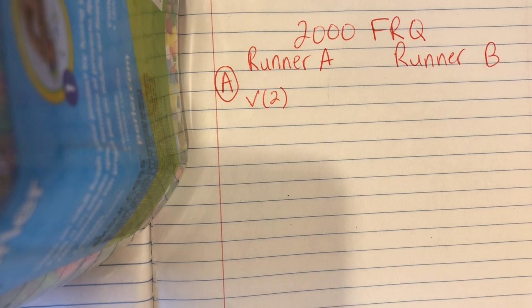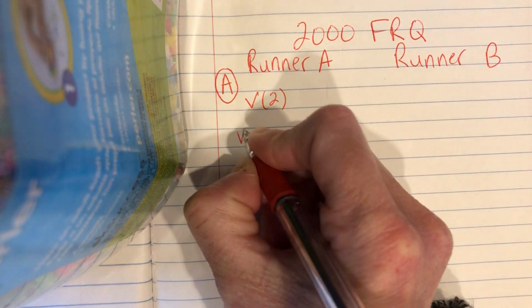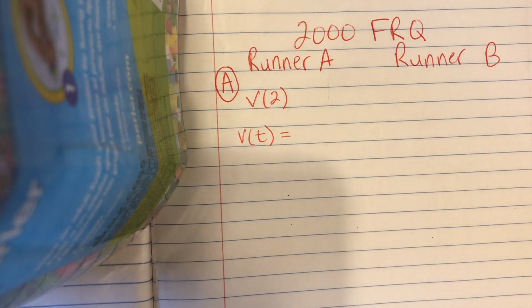So if I want to know what the velocity for runner A is at a time of 2, I need to create an equation for that line segment that spans from a time of 0 to a time of 3. When I do that, I notice that the y-intercept of that line is 0, and it has a slope of 10 thirds.